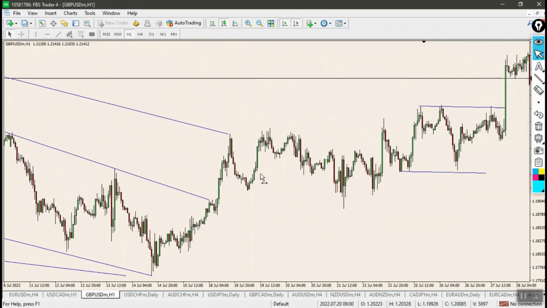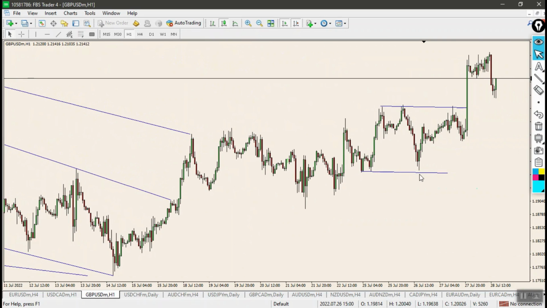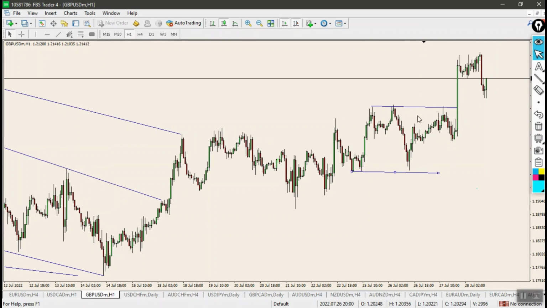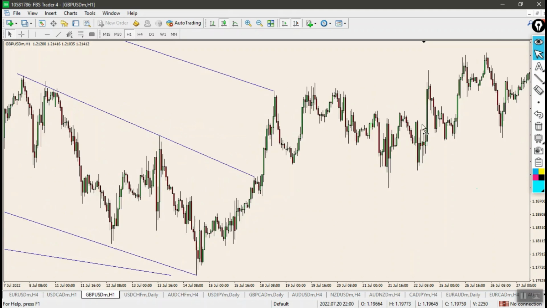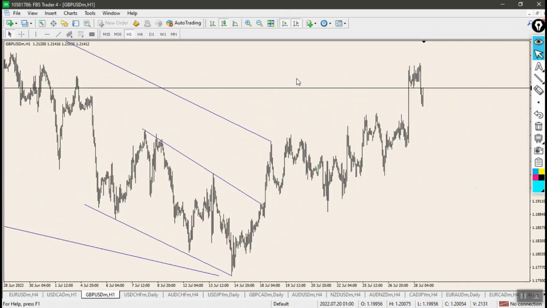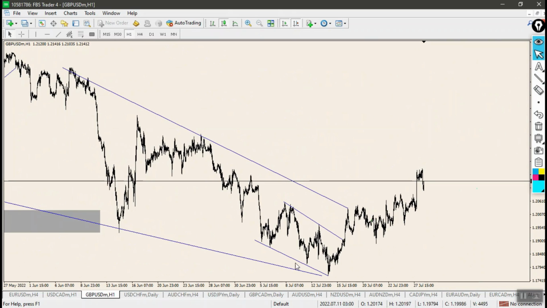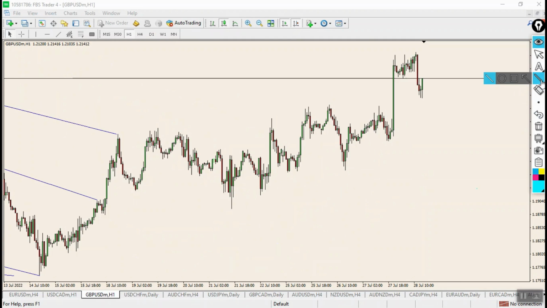Right, you see a continuation pattern here, and even moving on, one of the reasons why I took this one, let me remove this real quick. The market is not going to be always clean, but also confirmation of, if you remember very well, on the previous time frames on the daily, we identified this falling wedge, but the confirmation of the breakage of this falling wedge was this continuation pattern right here.